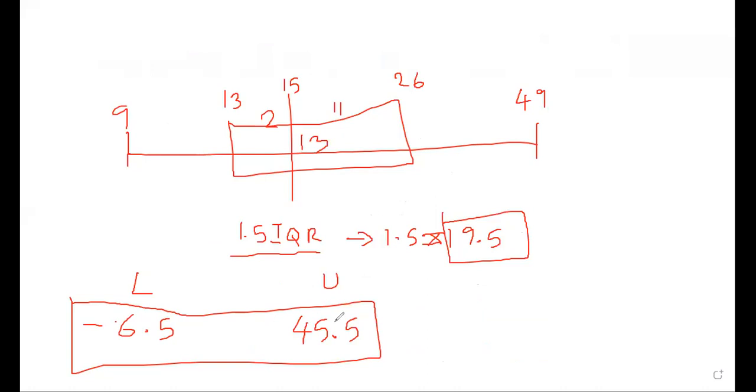The -6.5 is obtained from subtracting the correction term from the lower quartile. This 19.5, we subtracted from 13 to get -6.5. This 19.5, we added to 26 to get 45.5. Any numbers outside this range are called our outliers.